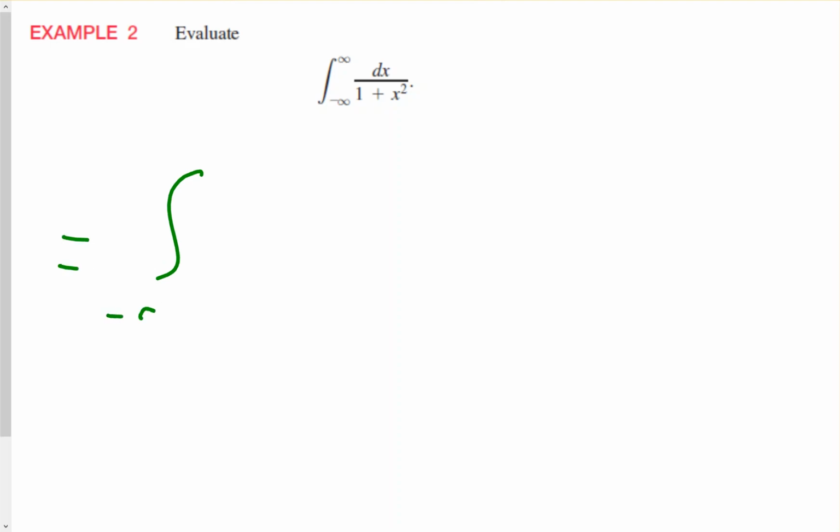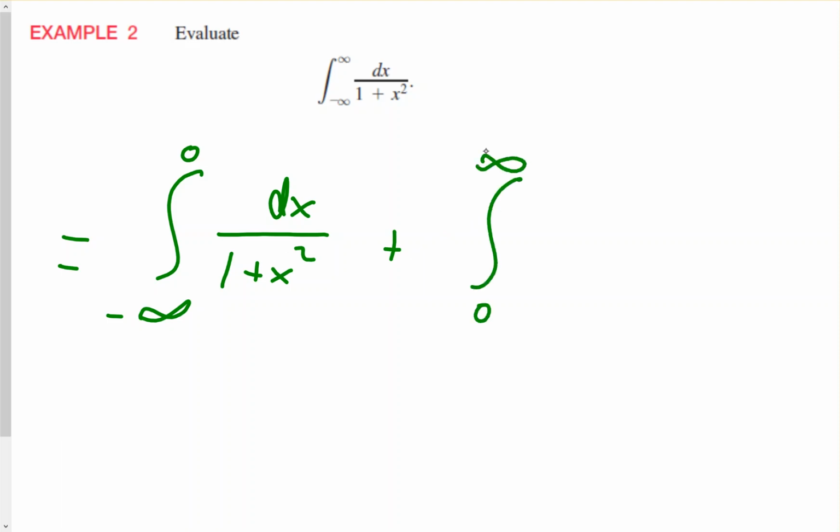So we would do negative infinity to 0 of dx over 1 plus x squared plus 0 to infinity of dx over 1 plus x squared. Okay, so we do it twice.